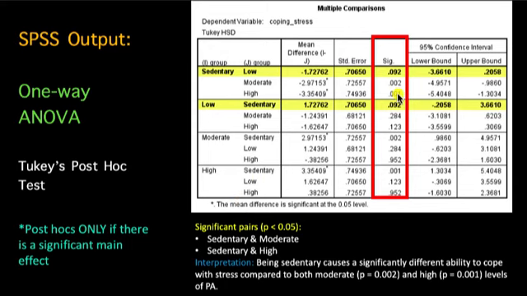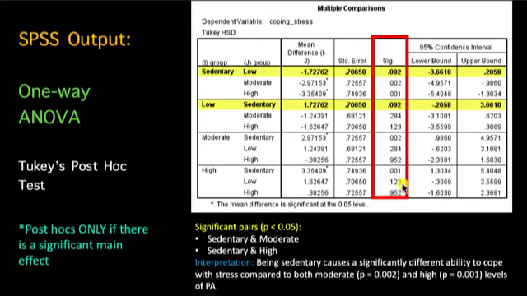And then we also have a significant p-value for sedentary compared to high activity levels, and that has a p-value of 0.001. So our interpretation, if we want to combine the pairs together, is that being sedentary causes a significantly different ability to cope with stress compared to both moderate and high levels of physical activity.